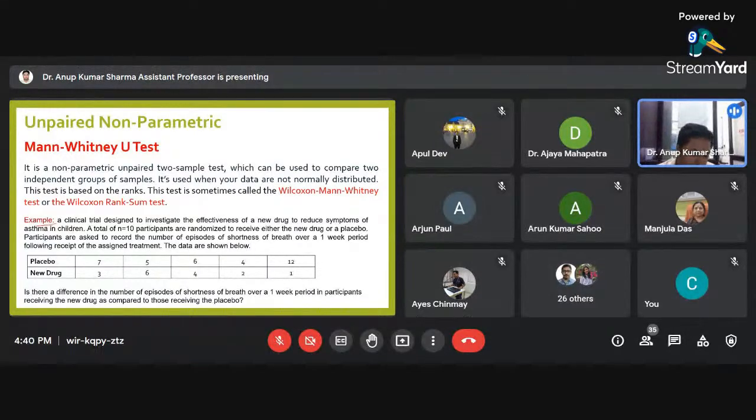There are two types of drugs we are using, and there are 10 patients, randomized to receive either the placebo or the new drug. We record the number of episodes of shortness of breath over one day.